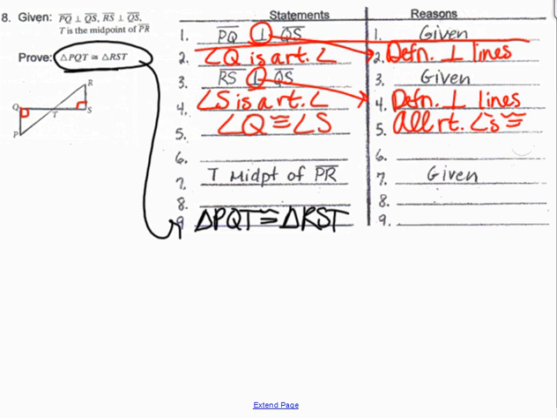Okay, there's a blank here. I'm getting confused, but oh wait, remember all those go-tos? See that X? These 2 angles must be congruent. So I'm going to say angle QTP is congruent to angle STR.